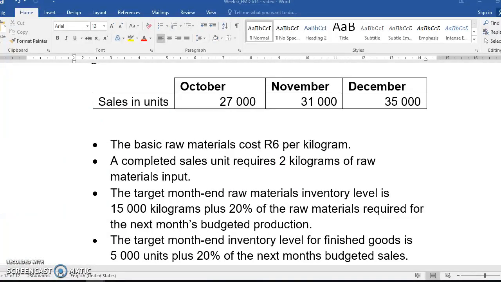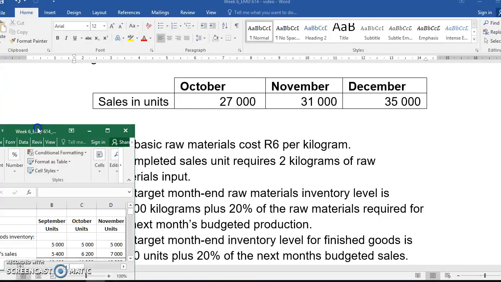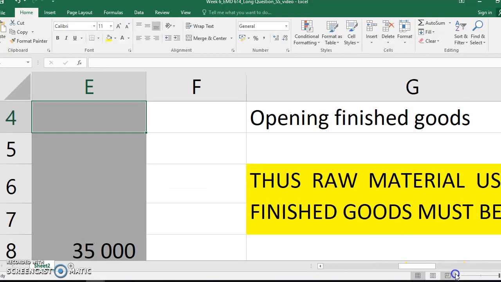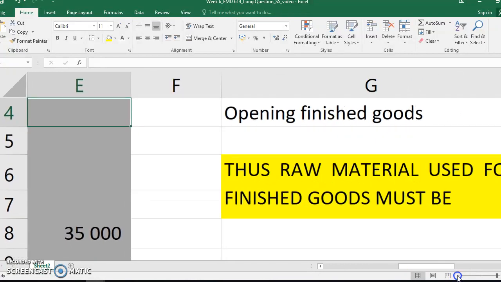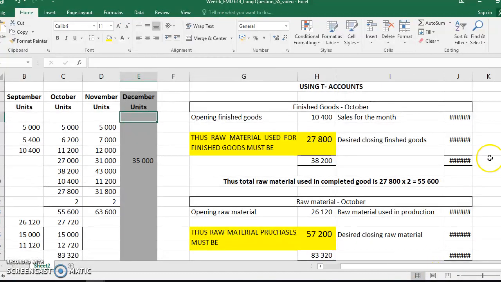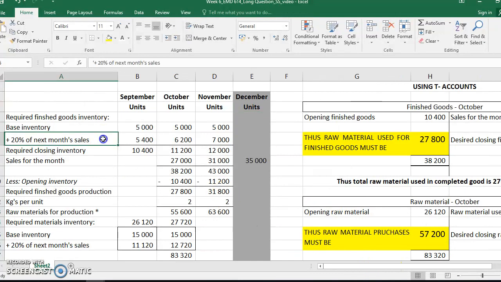You have read the question, I'm sure, and the solution is available to you, but I've prepared the solution both in T account form as well as the table form.